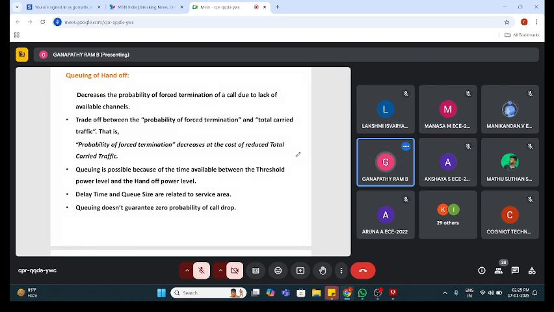so that if the request arrives from the first mobile equipment, suppose we say that N is the number of mobile equipment requesting handoff, right?